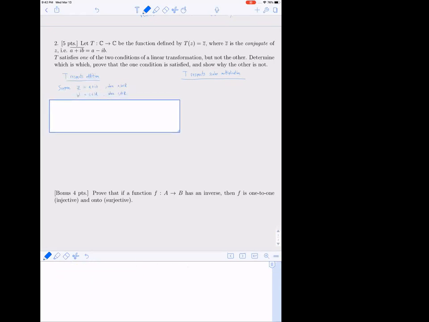So then let's ask, on the one hand, what happens to T of z plus w, and on the other hand, we'll ask what happens to T of z plus T of w.